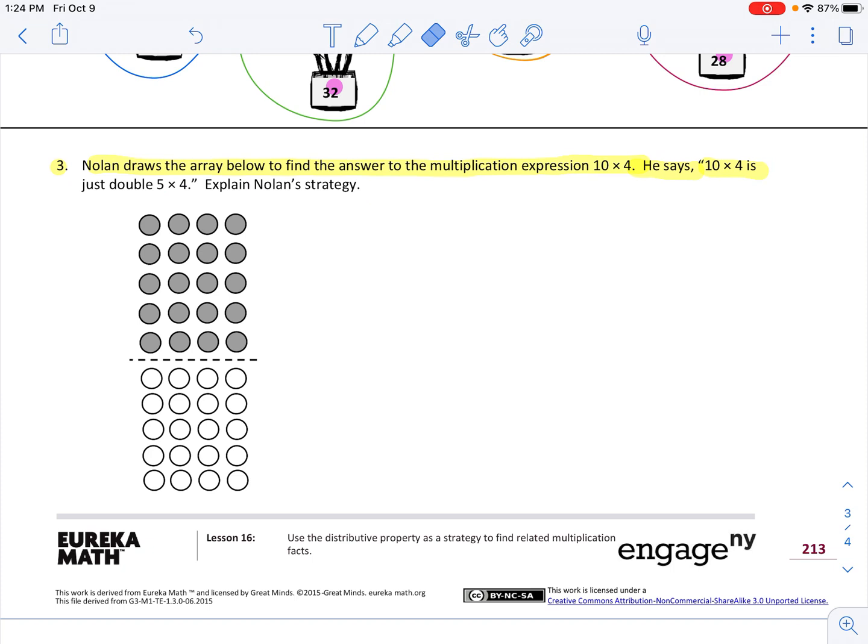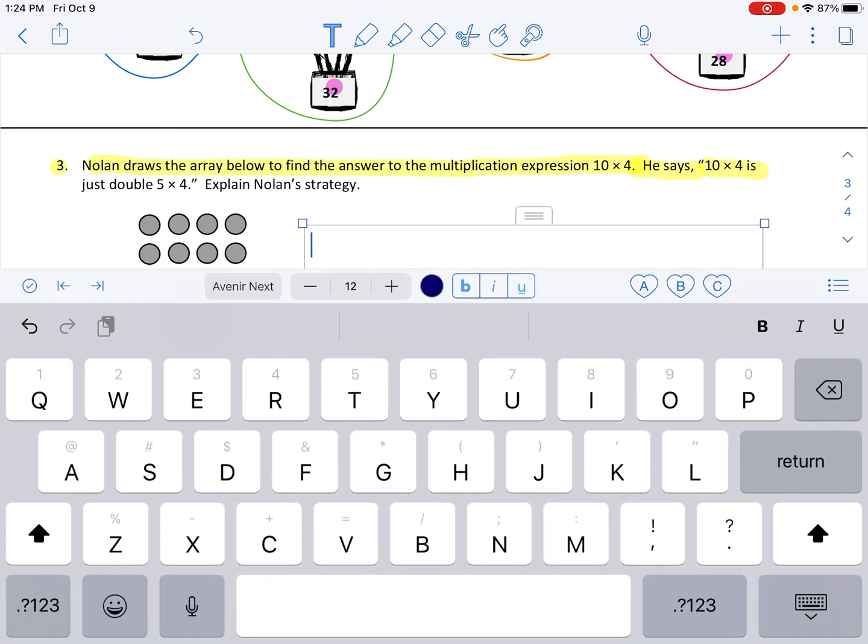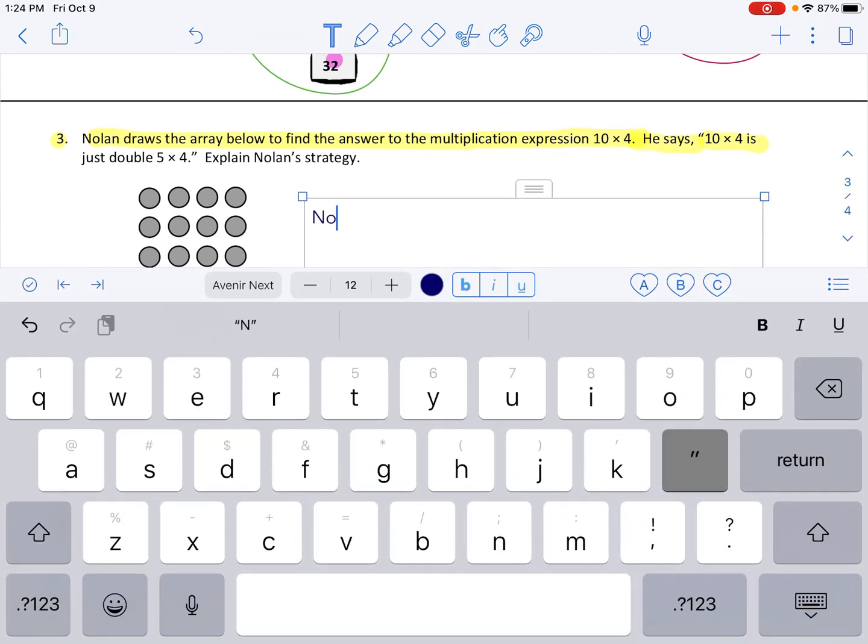And he broke it up so that the top part is 1, 2, 3, 4, 5 rows of 4. And the bottom part is 1, 2, 3, 4, 5 rows of 4. So for my answer, I'm going to make a text box because it's just easier for me to type in there.